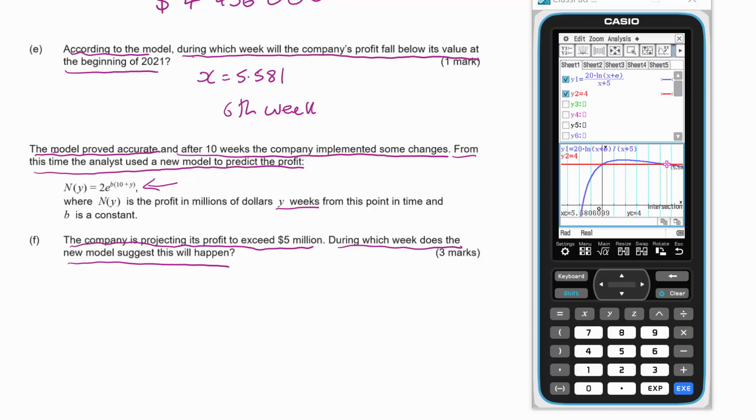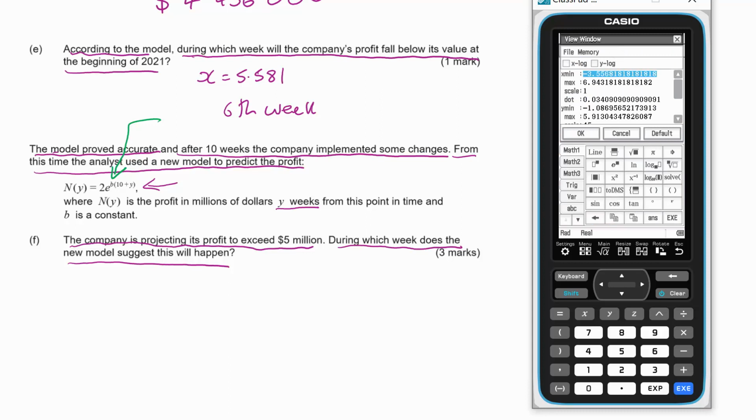The first thing we need to do here is establish the value of b. So we want to know, using the old model, what the profit was at the time we made the changes. Now, while I've got this graph up here, I can probably use that.